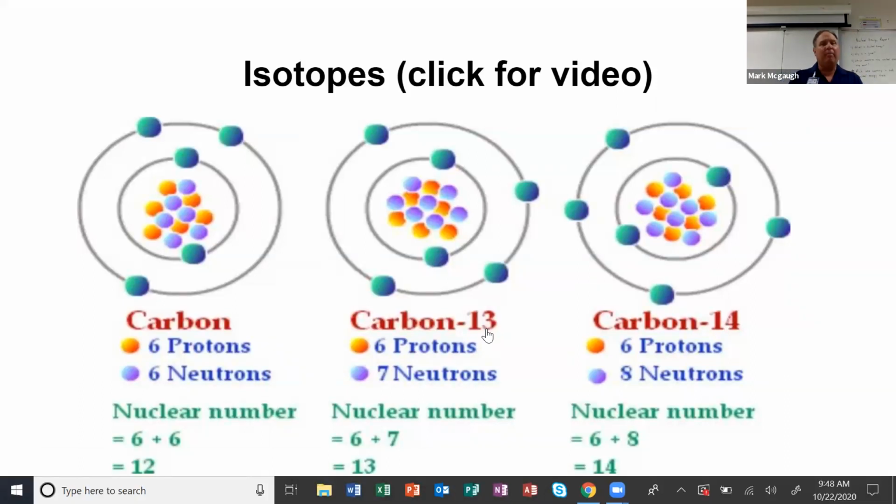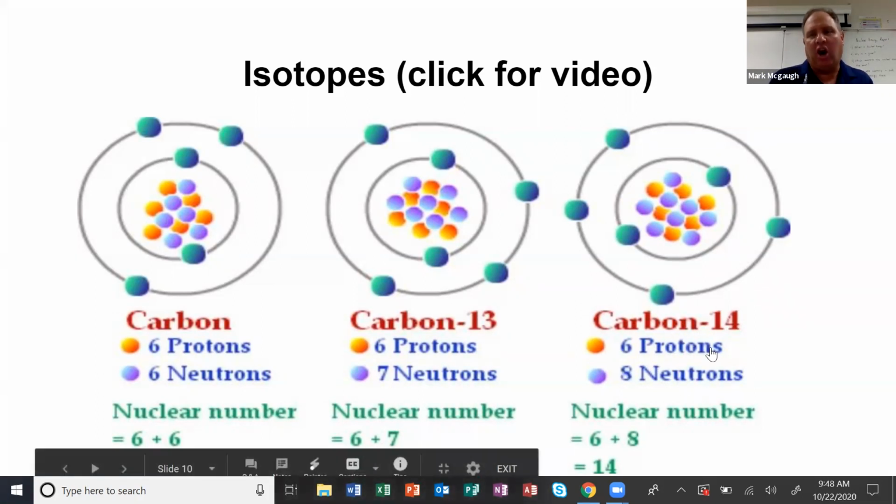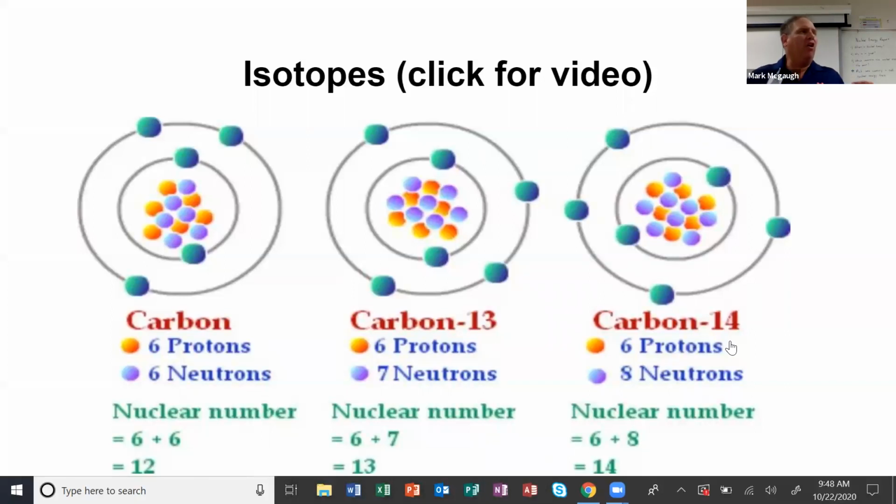These are very rare, but they're out there. And another type of carbon, 6 protons, 8 neutrons, that's called carbon 14. You may have heard of carbon 14 dating, because carbon 14 will degrade into something else at a predictable rate. Okay? They can use carbon 14 dating for some things.